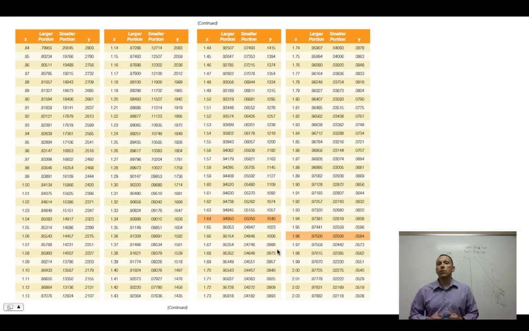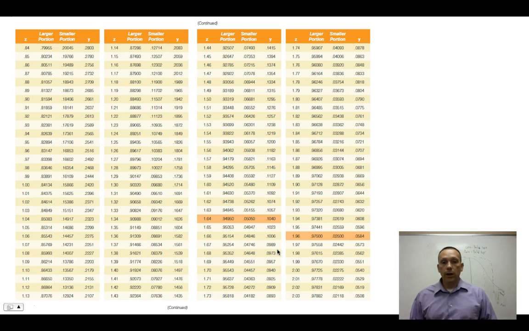In other words, here's the question that I'm asking. What z value is associated with a smaller proportion of 0.025? In this case, we're going to look at the chart in front of you, and skim down that smaller proportion column and try to find a value that equals 0.025.